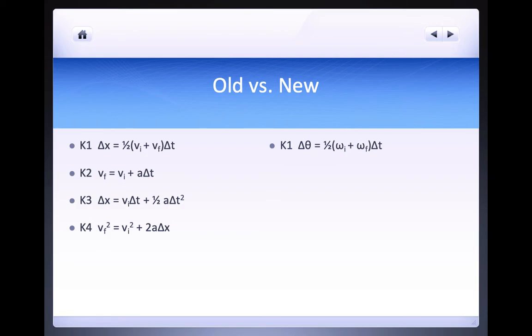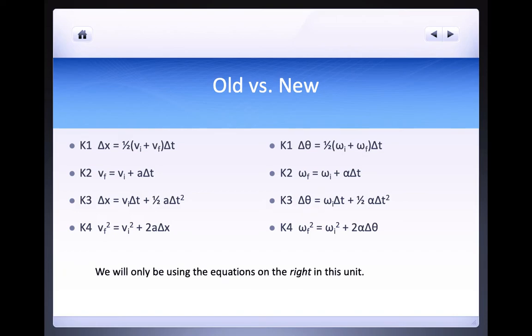Kinematic 1: delta theta equals 1/2 (omega i plus omega f) delta t. Then kinematic 2 with alpha substituted in for acceleration, kinematic 3, kinematic 4. So it gives you an idea of how these equations look. Of course, we're only going to be using the equations on the right. Those are the numbers for the equations as we'll refer to them periodically, right?